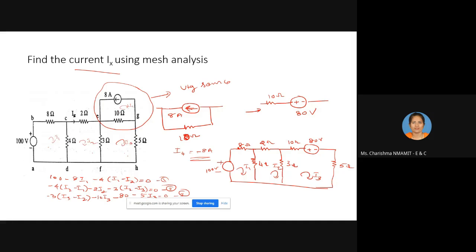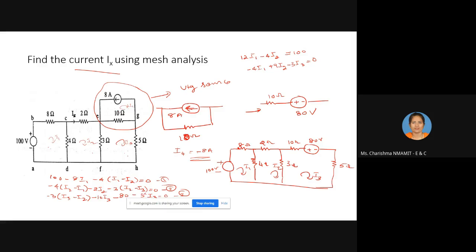So when you simplify the first equation, what we get is 12I1 minus 4I2 equal to 100. The second equation is minus 4I1 plus 9I2 minus 3I3 equal to 0.